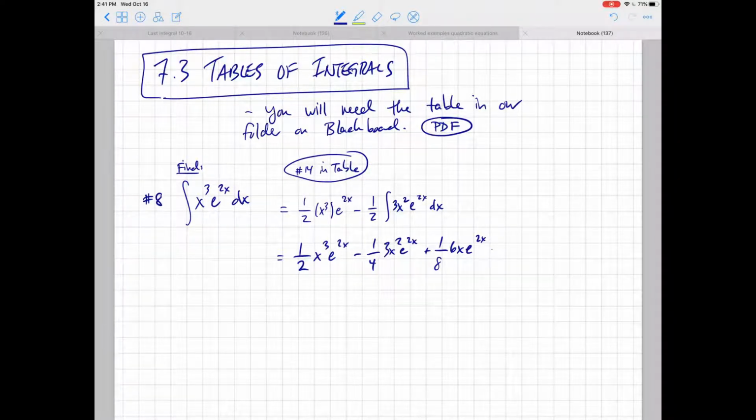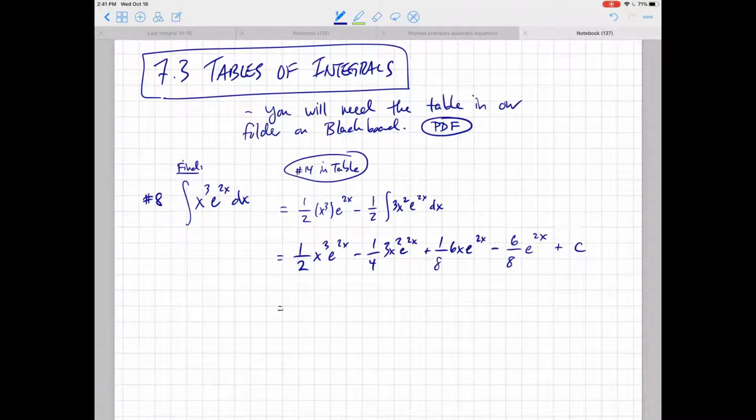and then minus, these signs alternate back and forth, for the last one where we see we've just got 6 over 8 e to the 2x. And then after that, what's going to happen? The derivative of this term will be 0, and so the pattern stops. So we have the full integral. And we need a plus c on that guy.